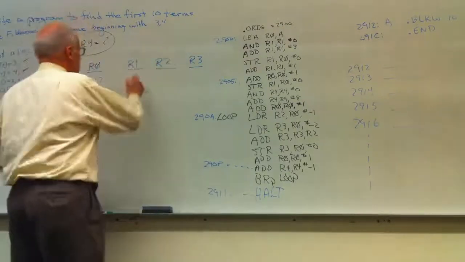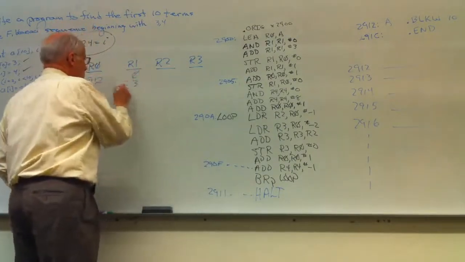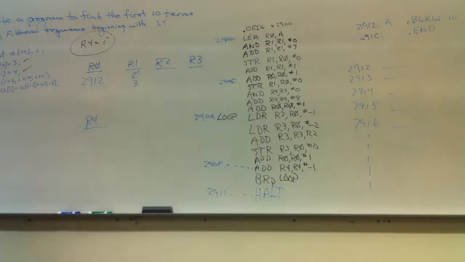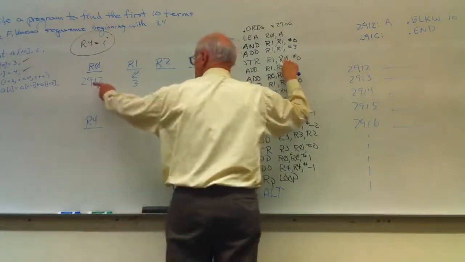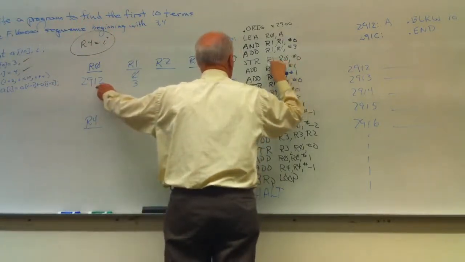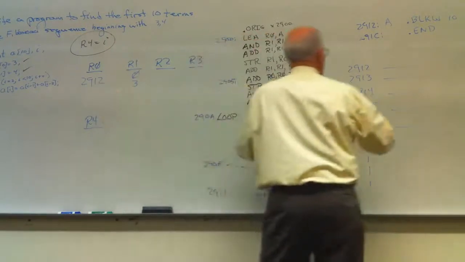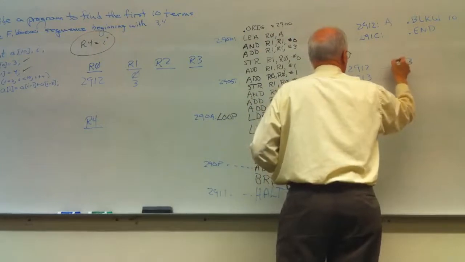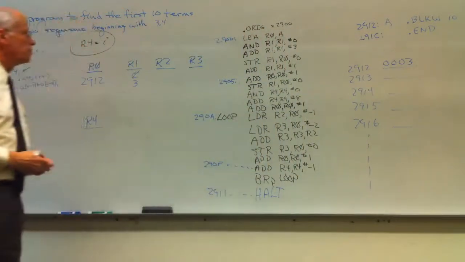Okay, the AND instruction clears register 1. The next one adds a 3 onto it, so we've got a 3 in there. Now, this says add a 0 onto register 0 and store the contents of register 1 in that location. So register 1 gets transferred out here to 2912.